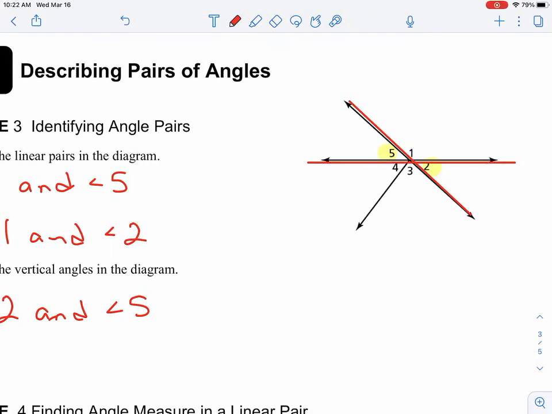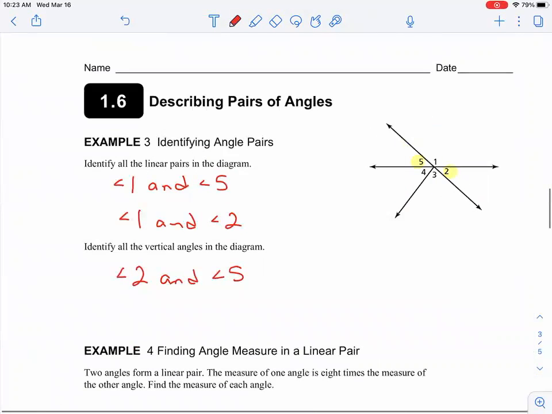So those two red lines make up those angles. Something like angle 1 and 3 are not considered vertical, because 3 is made up from this line, and that doesn't make up a side of angle 1. So they have to be directly across from each other, made up from the same lines.